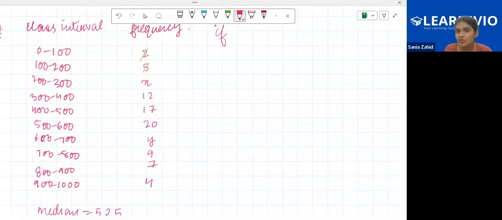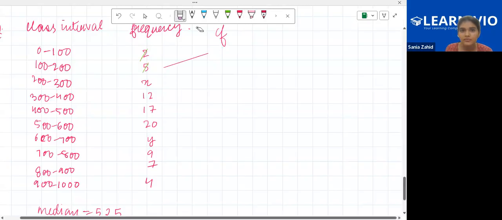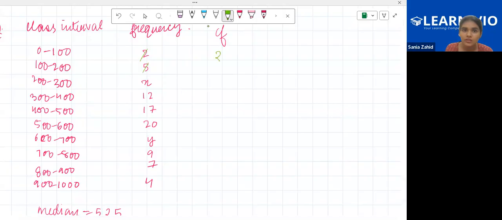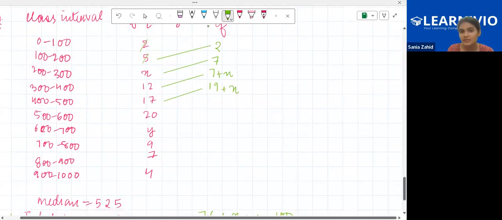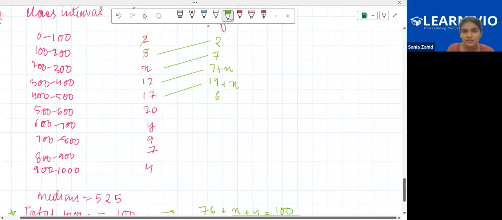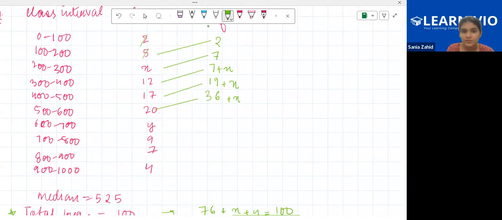So CF values: this is 2, this is 7, then this is 7 plus x. Now this is 12 plus 7 plus x, so that gives you 19 plus x. Now this is 17 plus 19 plus x, 36 plus x. Now this gives you 56 plus x.